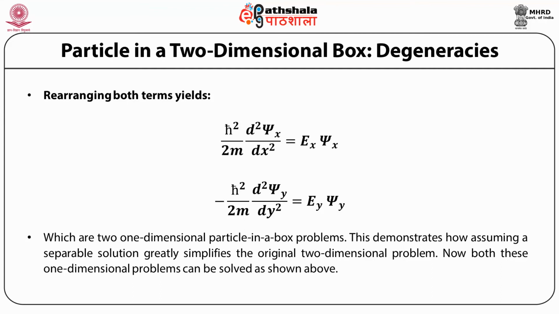So the wave functions for this kind of system are, when everything is put together, the total wave function for the particle in a two-dimensional square box: psi xy equal to 2 by a, sine of nx pi x by a, multiplied by sine of ny pi y by a, where nx and ny are independent integers.